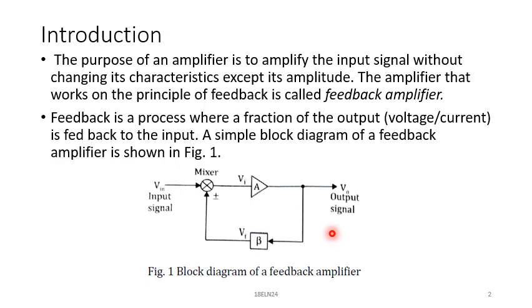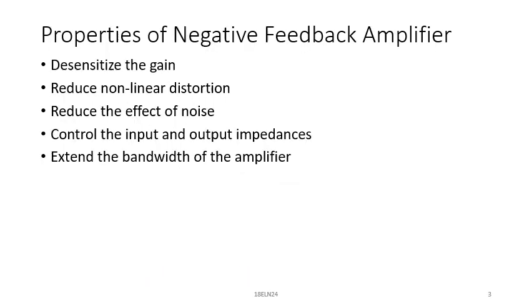Now, what are the properties of feedback amplifiers? What is the advantage and the properties of feedback? Why is feedback required? The properties of negative feedback amplifiers: first, it desensitizes the gain. That means the gain will be less sensitive to variation of other parameters of feedback amplifier circuits.